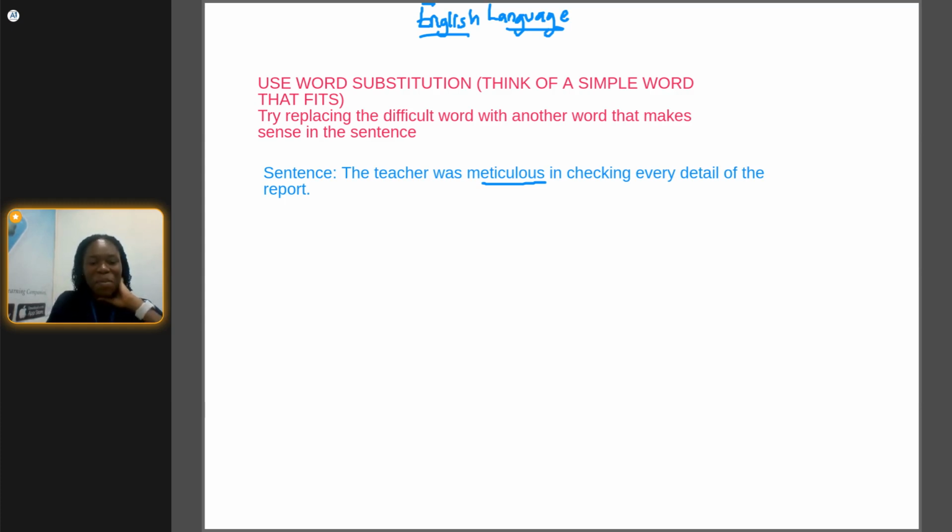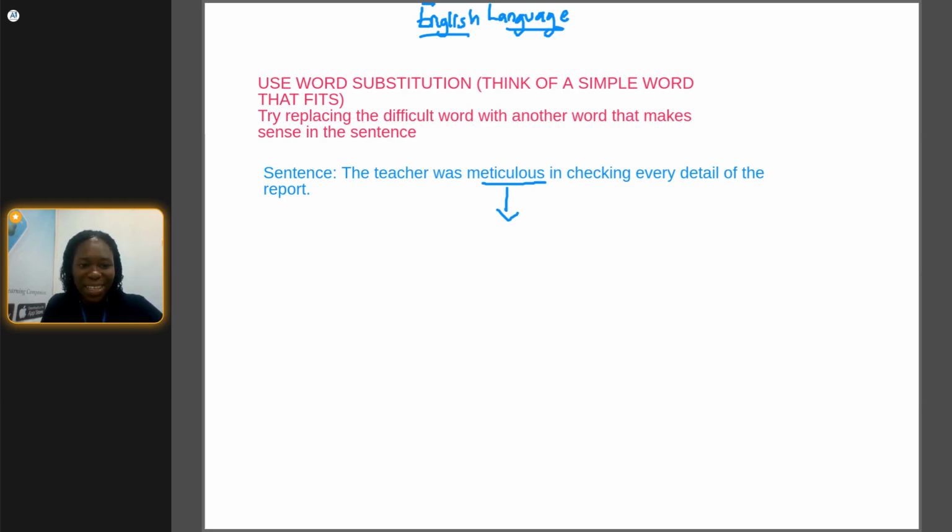All right. So like I mentioned, you talk about the word meticulous and you want to substitute. You've thought to yourself, what is the teacher doing? The teacher is carefully checking the details of the report. So the word carefully comes in.